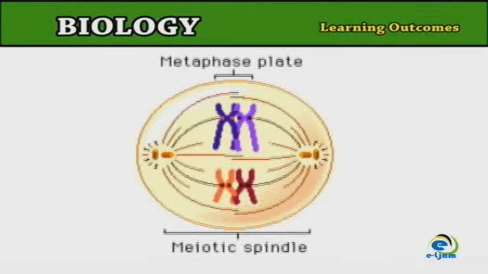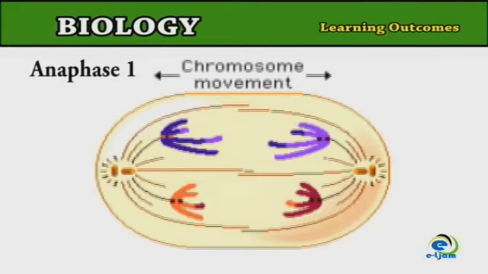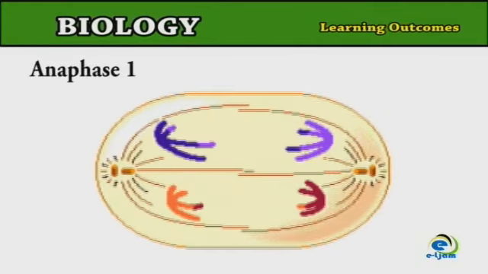Metaphase 1. The nuclear envelope breaks down and the homologous chromosomes move to the equator of the spindle. Homologous chromosomes are positioned so that the centromeres orientate towards opposite poles. Anaphase 1. Homologous chromosomes, each made up of a pair of chromatids joined at the centromere, move towards opposite poles of the spindle.